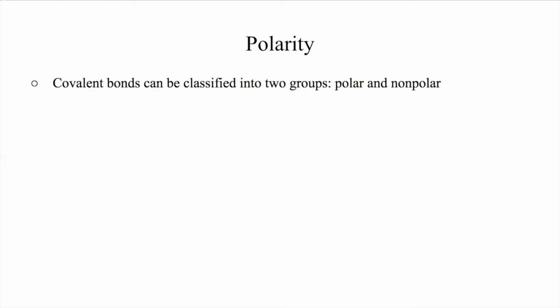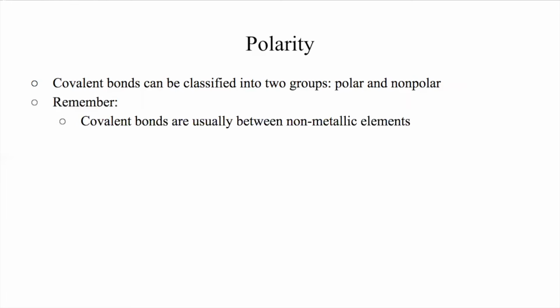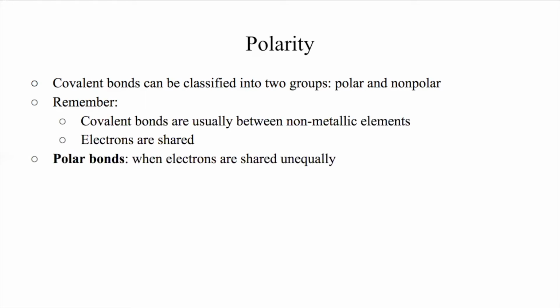The electronegativity scale allows us to classify covalent bonds into two groups, polar and nonpolar. Recall that covalent bonds are most often between two non-metallic elements. Most bonds in organic chemistry are covalent. In covalent bonds, electrons are shared between two atoms. However, as we hinted at in the beginning of this video, sometimes electrons are shared unequally.